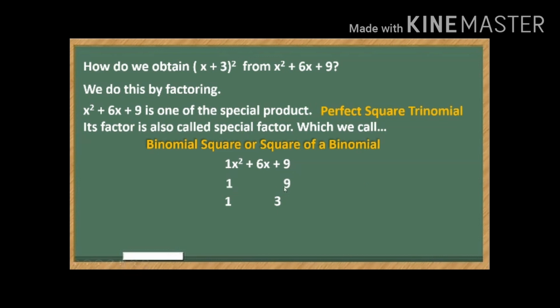We have here x squared and 9, both perfect squares. x squared can be written as x times x, or x multiplied by itself. 9 can be written as 3 times 3, or as 3 squared. So we copy x, plus, and 3. That's why we have the factor. We have here the perfect square trinomial and its factor is this one. Okay, so let's continue.